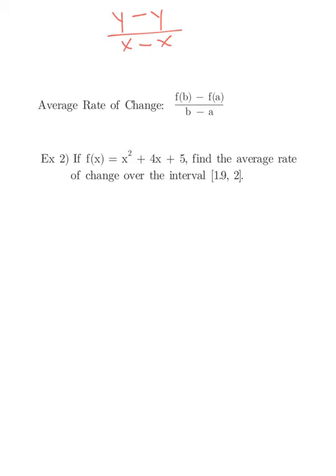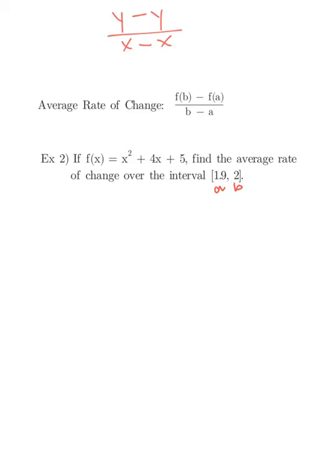When you look at this and you see an interval, these values in the interval are x values. So this is x value a, this is x value b. The average rate of change formula says to find f of b and f of a before you can actually do the subtraction.